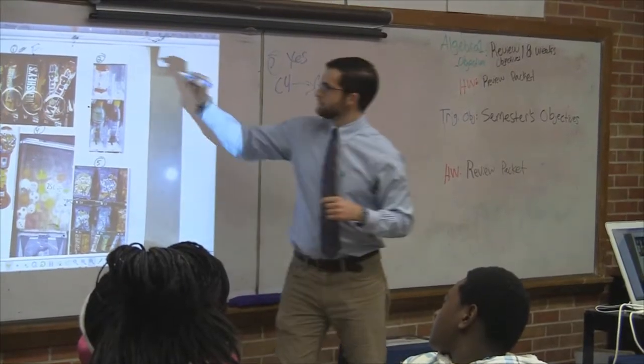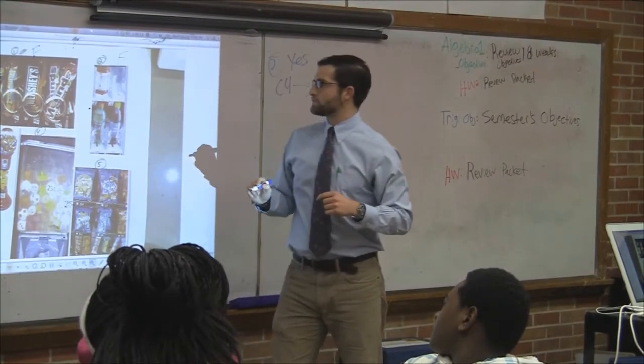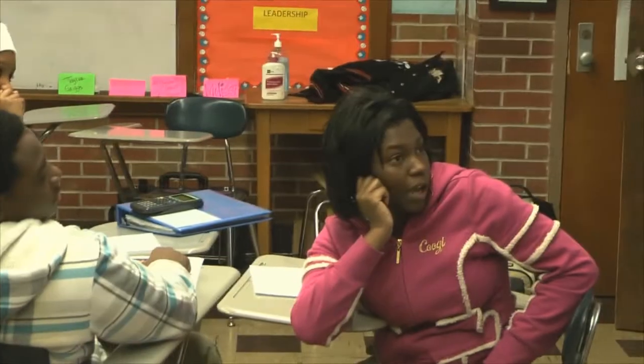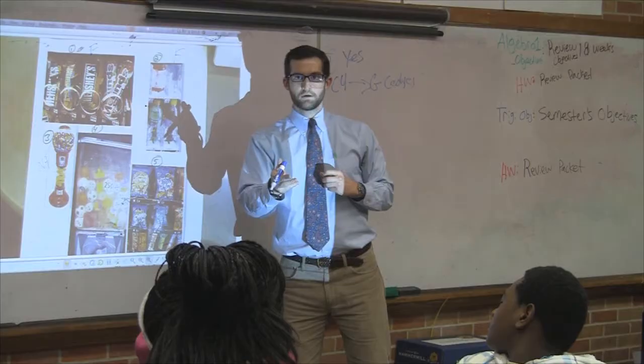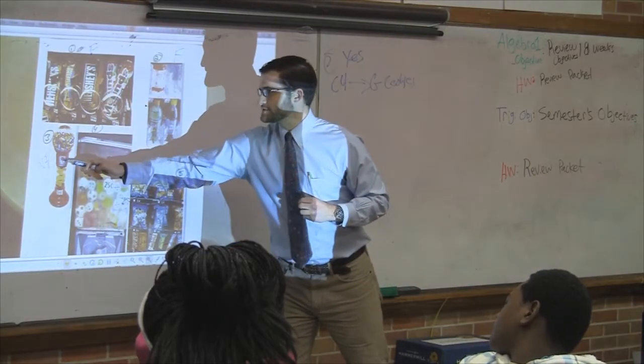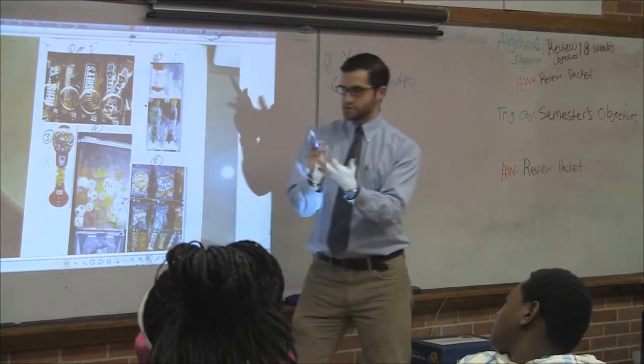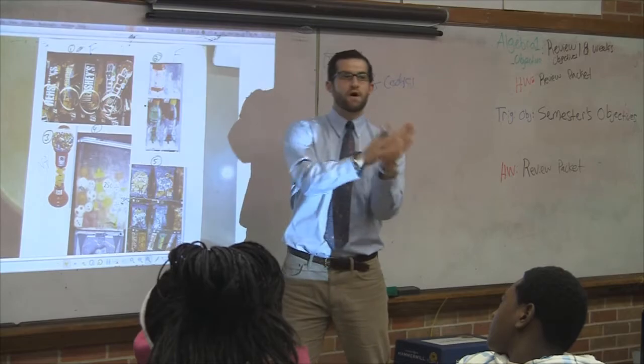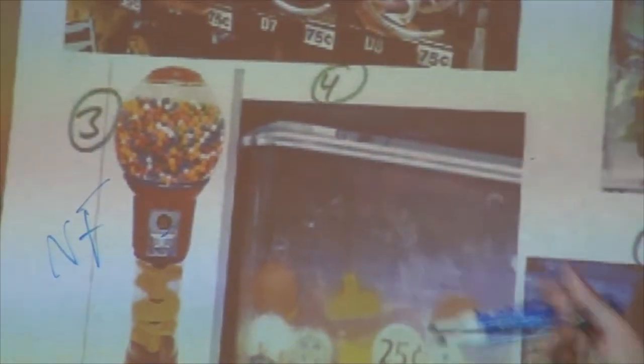What about vending machine number 2? Yep, function. What about vending machine number 3? No. What's wrong with vending machine number 3? Because you put in something, but you don't know what you can get out. Yeah, we put in 25 cents and we could get blue, orange, yellow, white, purple, pink. You put in one input and it has various different outputs, okay?